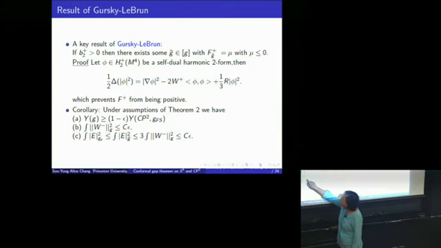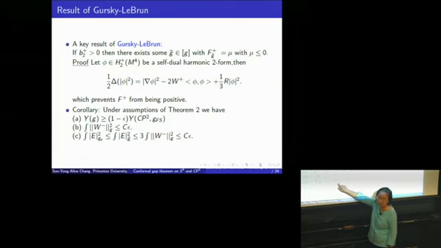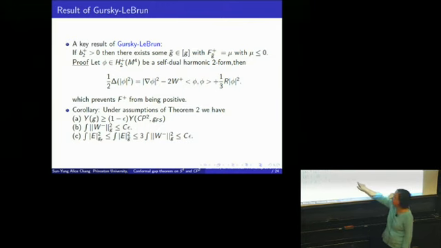The second thing one can see is that the L2 norm of W plus is already less than C epsilon, so it is small. Then applying the Gursky-LeBrun result, one can see the L2 norm of the metric's traceless Ricci squared is less than 3 times that, and that is less than epsilon.